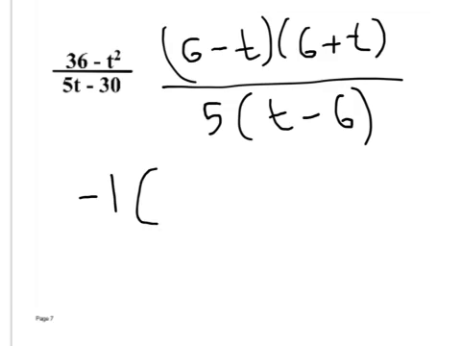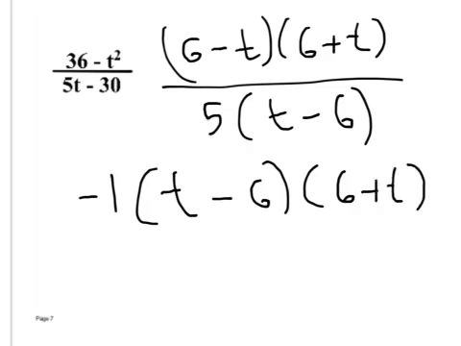What is 6 divided by negative 1? Negative 6. What is negative t divided by negative 1? Positive t, right? So t minus 6. You said 6 minus t was the same thing as t minus 6. It's not.